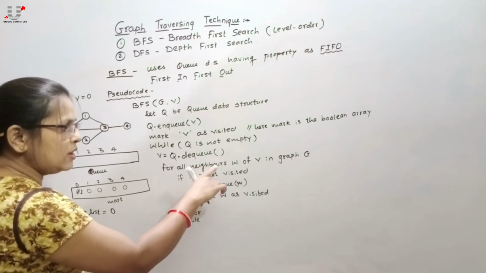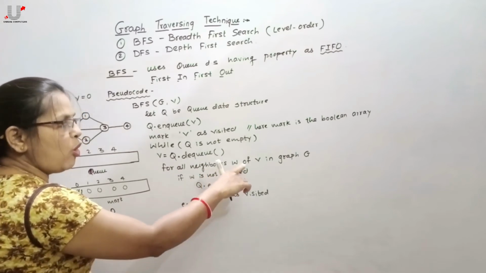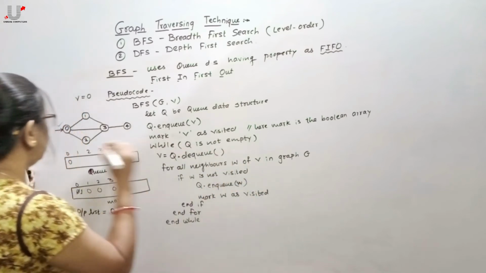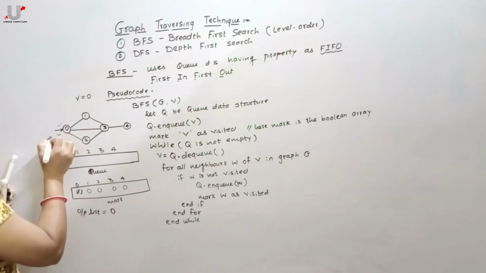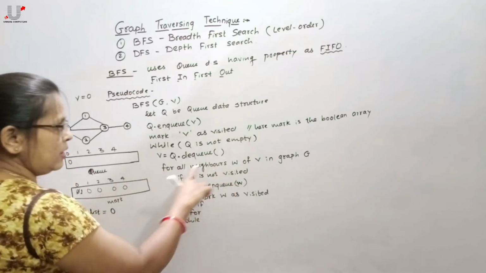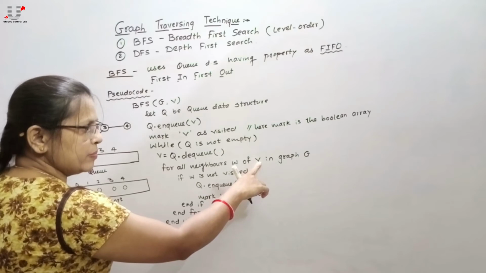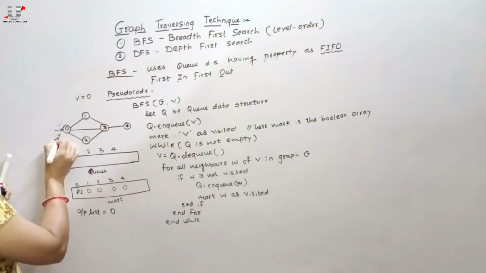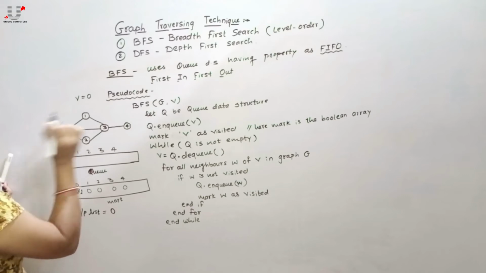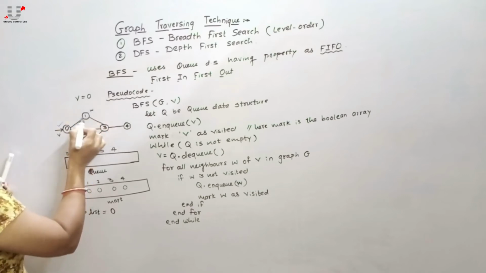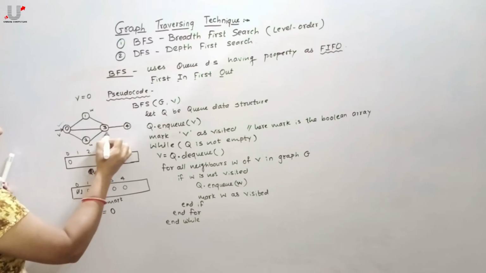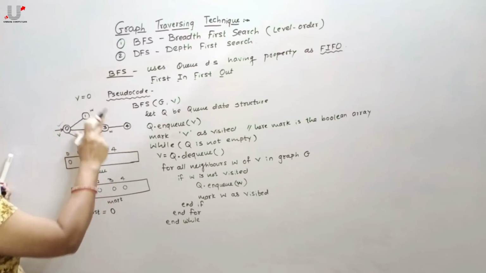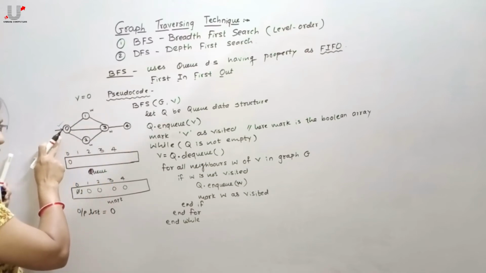Then for all neighbors W of V, all the neighbors of V in graph G. The neighbors of the starting node V, which is 0, are 1, 2 and 3. These are the three neighbors of starting vertex 0.